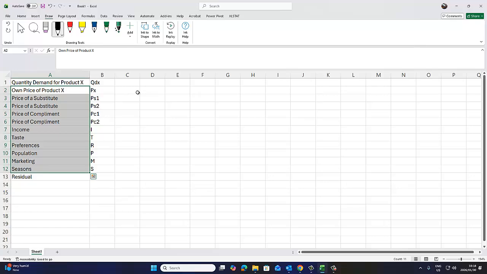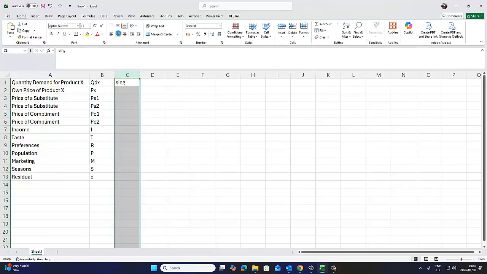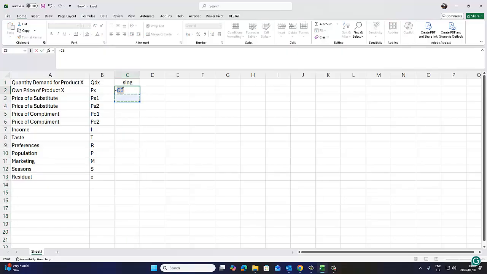Okay, so once we've got our variables, the next step is to look at the sign. Now, what is the sign? The sign is either a minus or a positive.